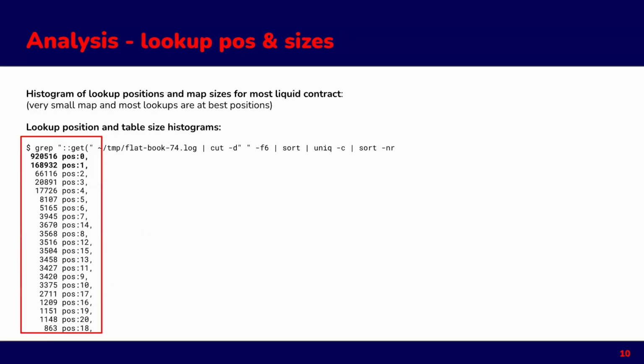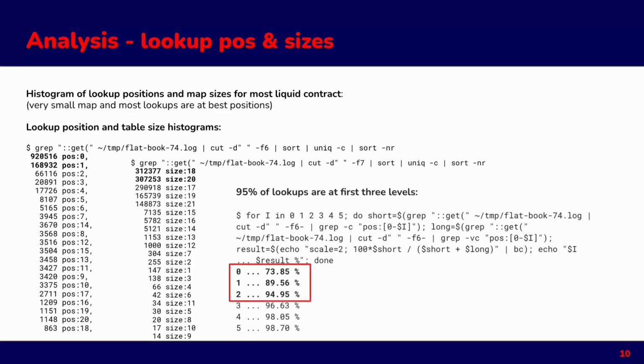And then I tried to make a histogram of resulting positions. If we are looking up based on a price, what actual index we get. So you can see that the dominant one is again the best level, and the top two are together. Here I have an accumulated histogram.